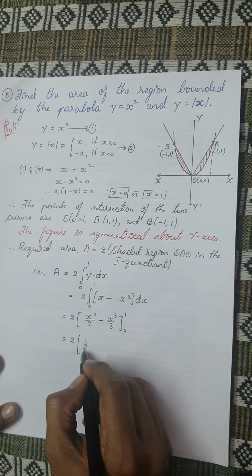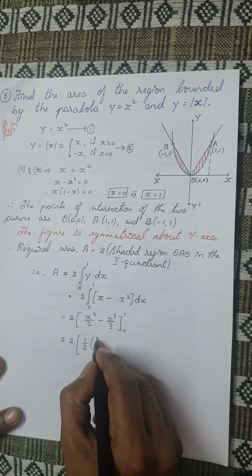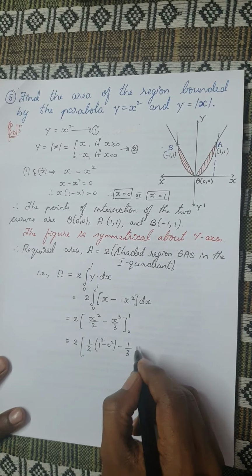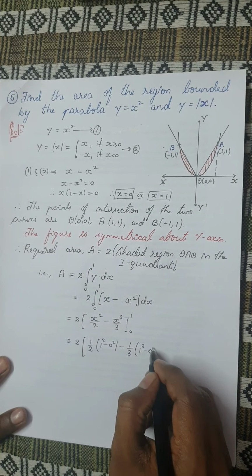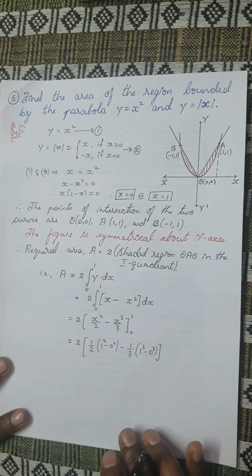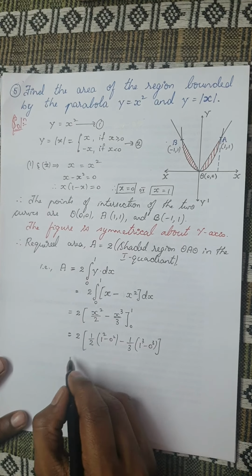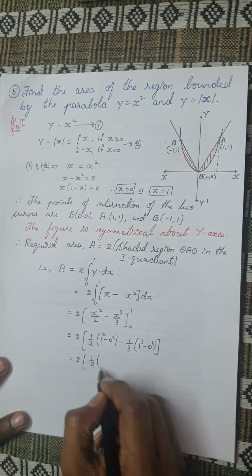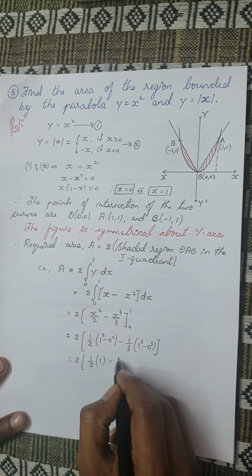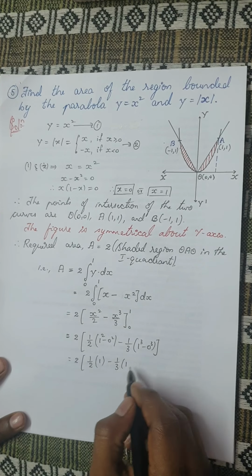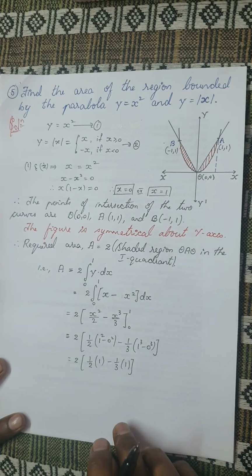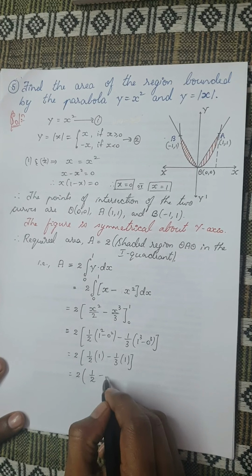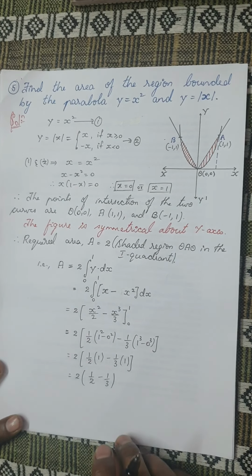Apply the upper limit: 1 square minus 0 square, and similarly minus 1 by 3 into 1 cube minus 0 cube. So this is 2 into 1 by 2 minus 1 by 3.